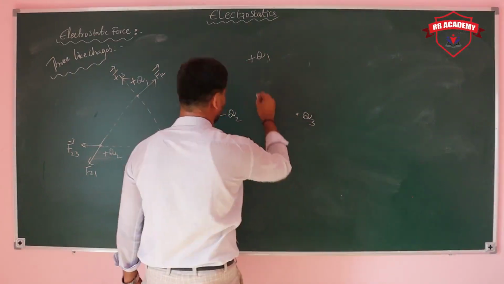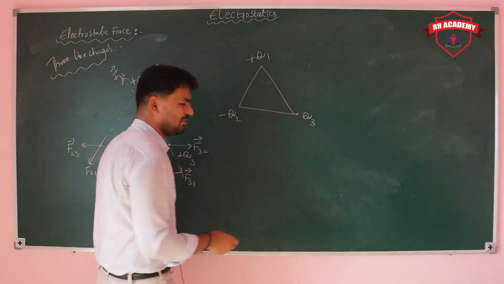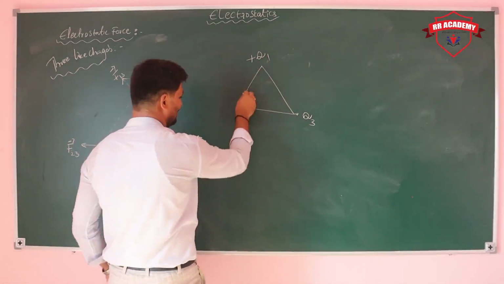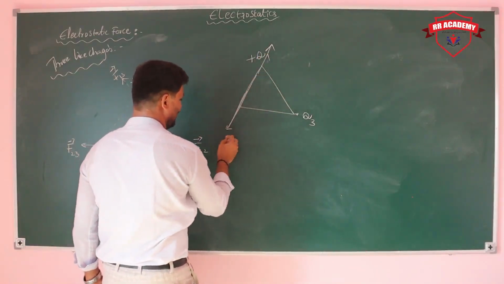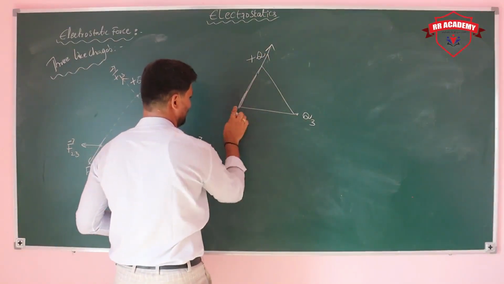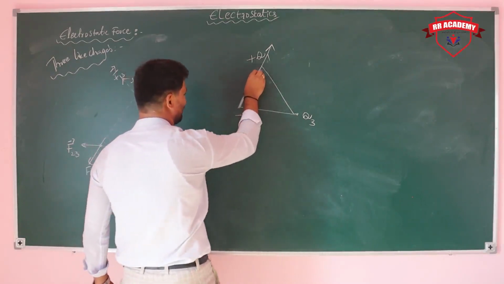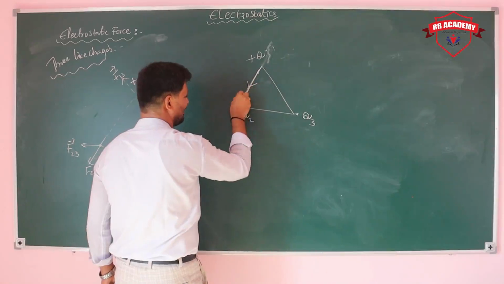These three are placed at the three corners of the triangle. So then what about the direction of the forces? Take only the direction, don't take magnitude. So what is the force between these two? Sorry, this is negative, I said. When Q2 is negative, then automatically what is the force existing between these two? Attraction.